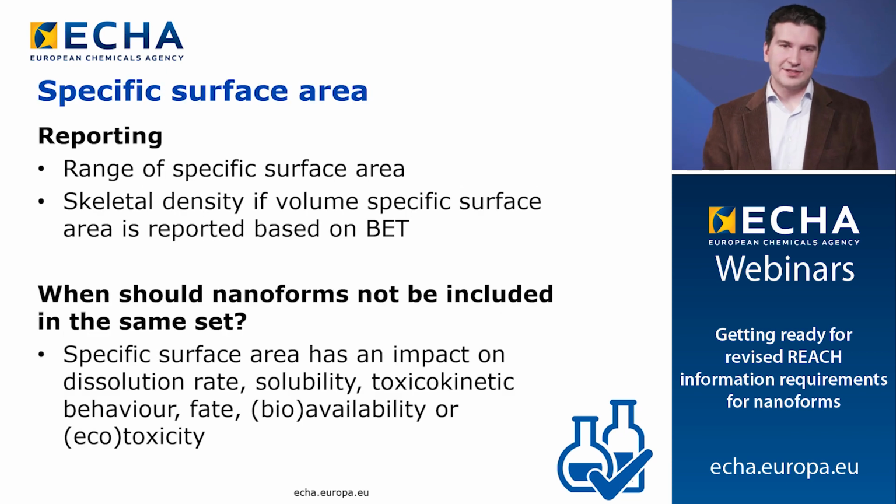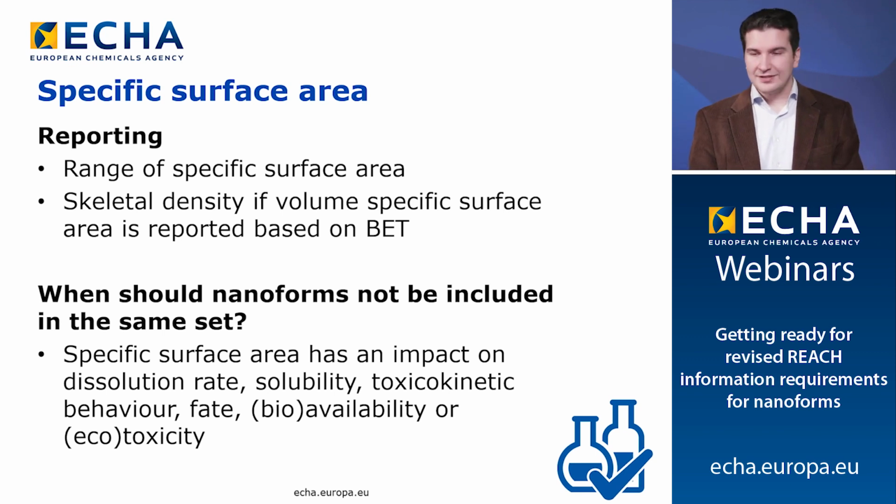With the specific surface area, we ask you to report information about the range of the specific surface area that is covered by your nanoform. And then if you are using BET to measure your surface area and you're reporting the volume-specific surface area, then you also need to provide information about the skeletal density of your particles.